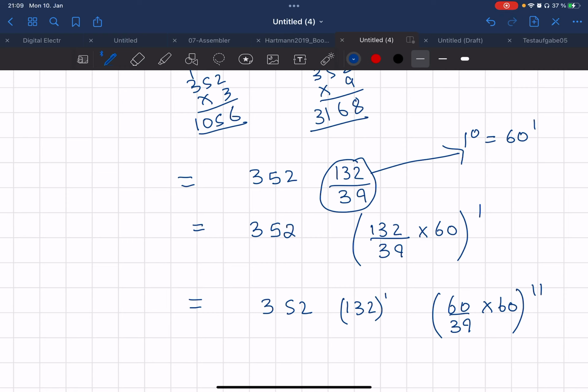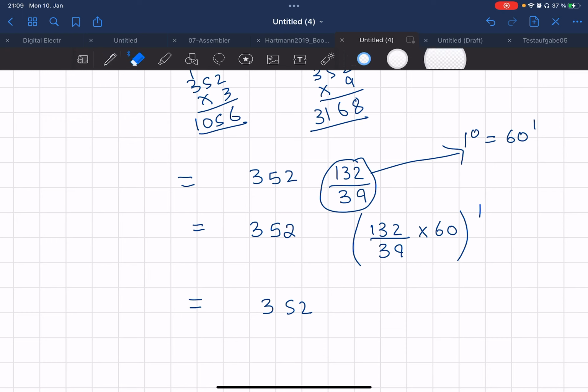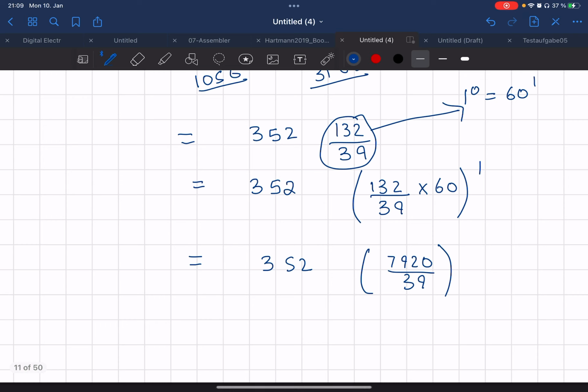This is totally correct if you want to do it like this. But I'll still do it a little better because I don't want you guys to have a wrong answer in your exams. 132 times 60 is 7920, divided by 352.